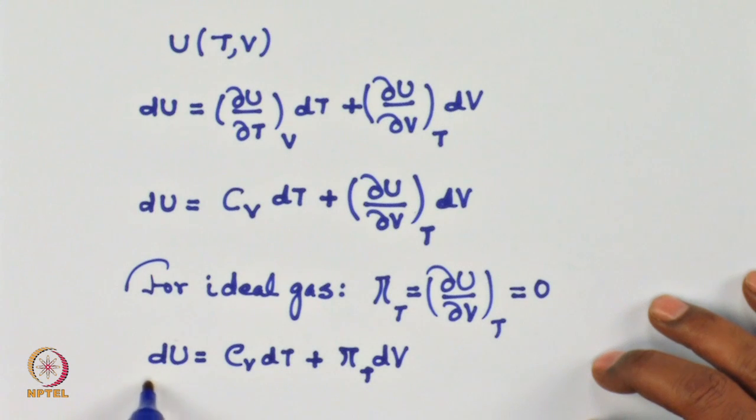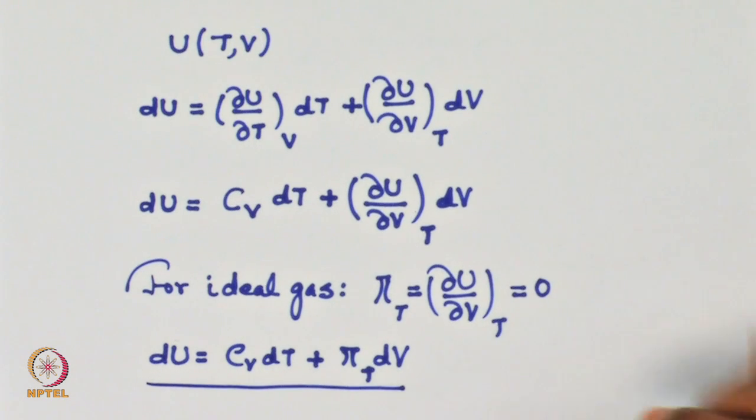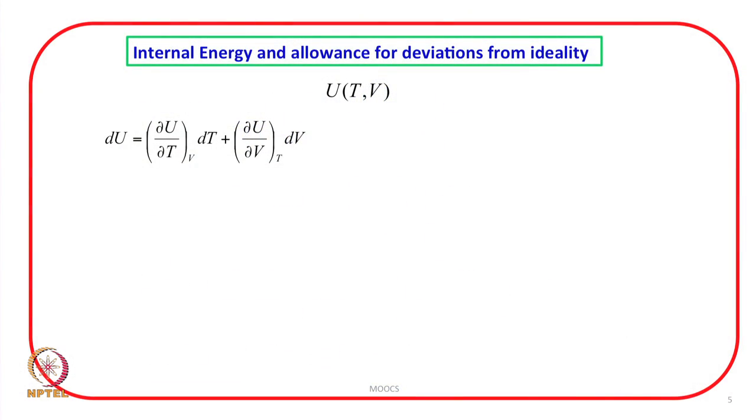According to this equation, du is equal to Cv dT when volume is held constant, and du is equal to Cv dT can always be used when π_T is equal to 0. That means, for a perfect gas we can always use du is equal to Cv dT, and that is what is shown on this slide.